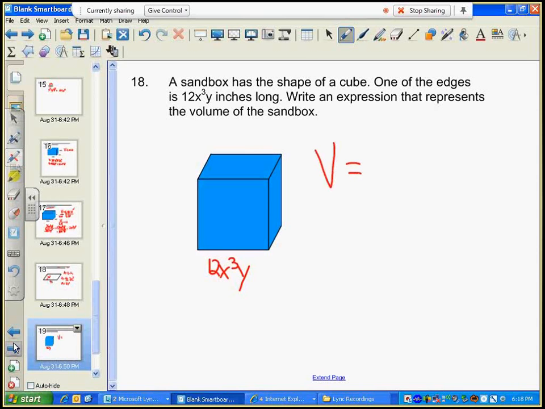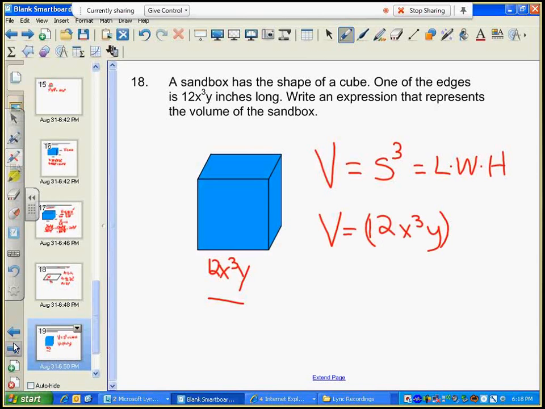The volume is equal to my side length cubed when it's a cube. Another thing I could have done is say length times width times height, and just use my length for each one of those. But I'm going to cube it because I think that's more fun. So volume is equal to 12x cubed y to the third power.